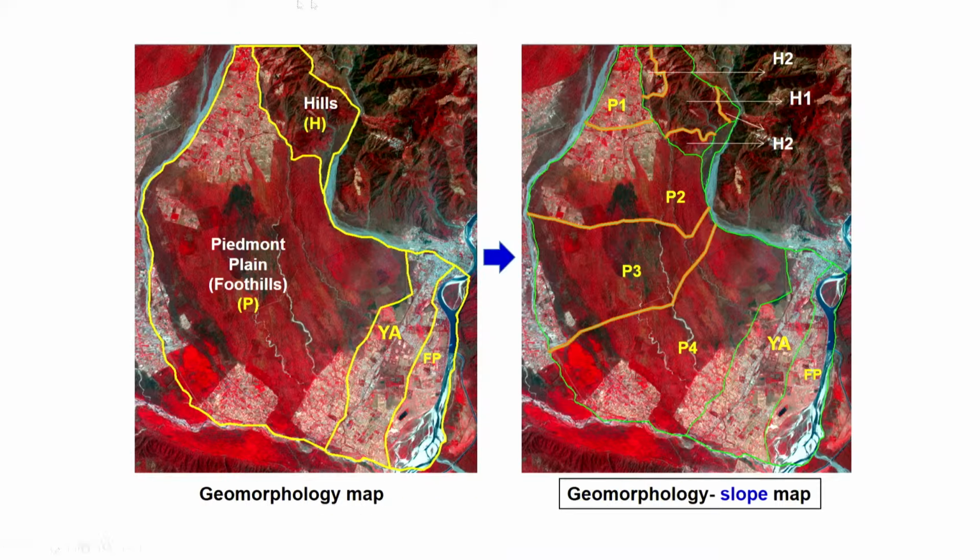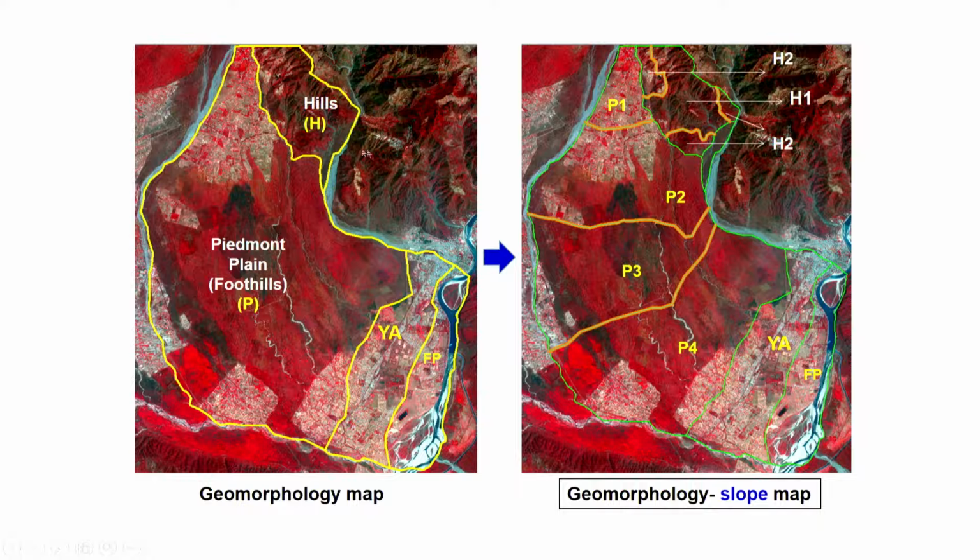So again I am saying that you take one by one interpretation. Never do all three information together. First you have to prepare the geomorphology map. You see, I have prepared the geomorphology map: hill, foothills, floodplain, alluvial plain. Then the second task is to prepare the geomorphology and topography map.